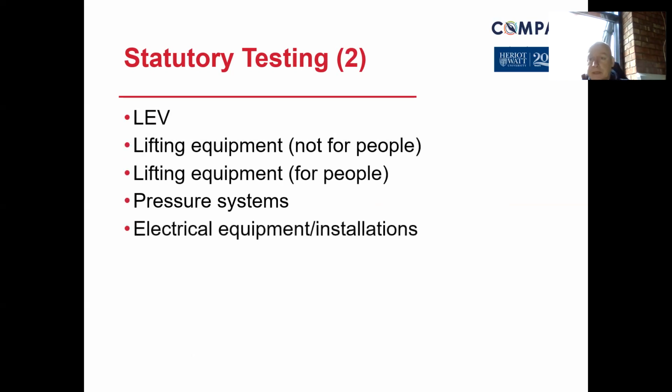Pressure system regulations require statutory tests to make sure that anything under pressure is still capable of withstanding that pressure, and there are no defects with it. Similar with power presses, which now come under the PUWER regulations, but previously had their own regulation.